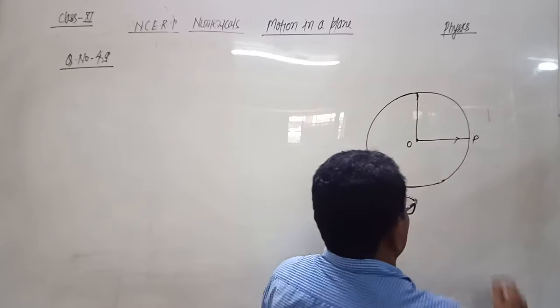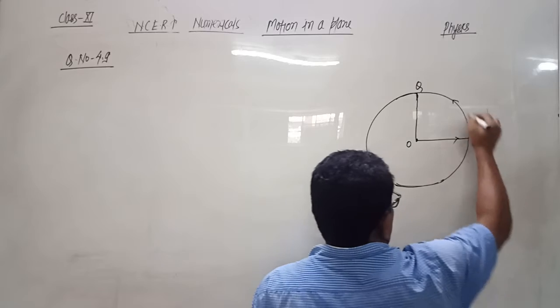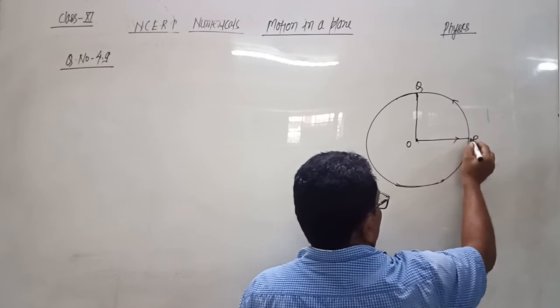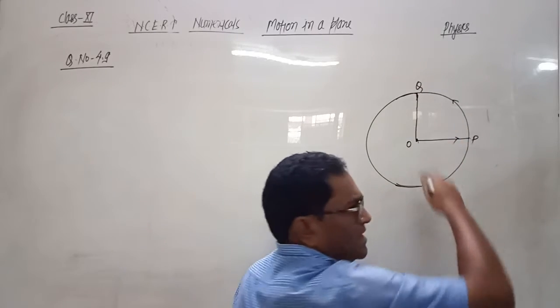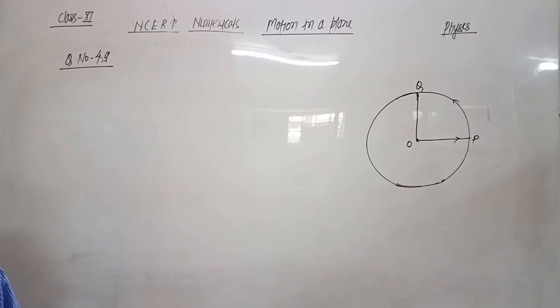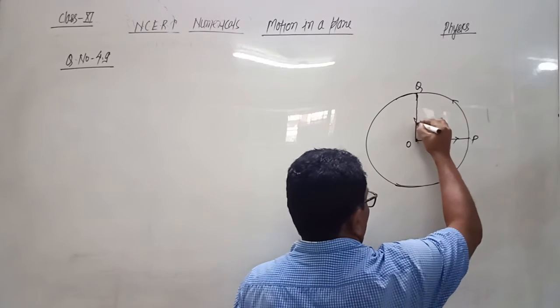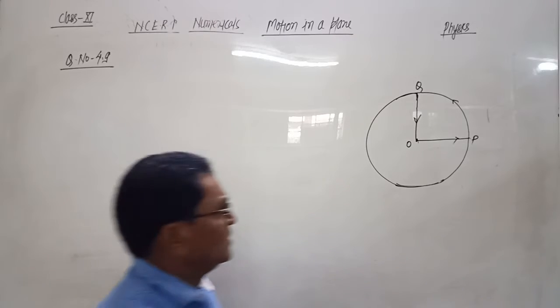He started from O, goes to P, then covers along the circumference the path PQ, 1/4 of the circumference, and then returns to the center along the path QO.